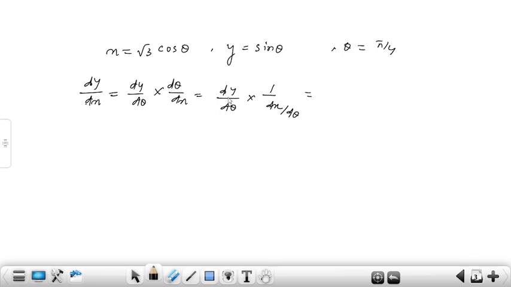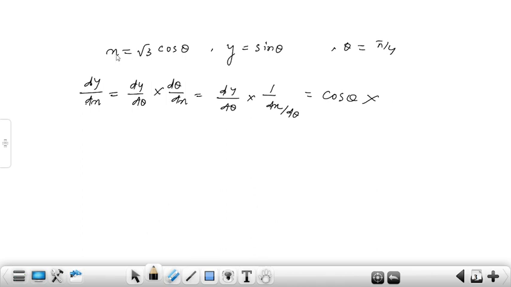So y is given as sin theta, we take the derivative of y with respect to theta, we get dy by d theta, that means d by d theta of sin theta is equal to cos theta, and 1 by dx by d theta, the derivative of x with respect to theta.